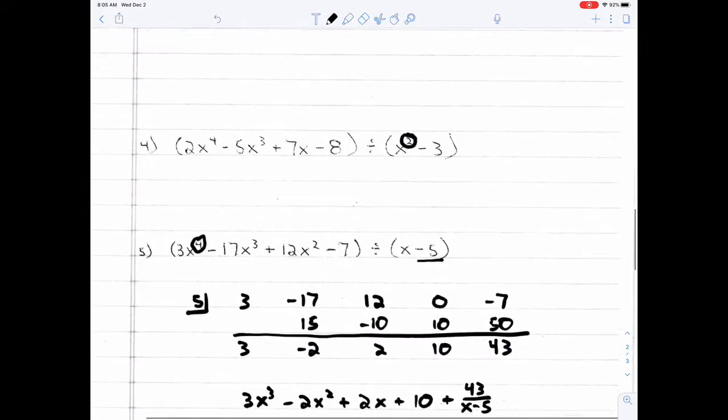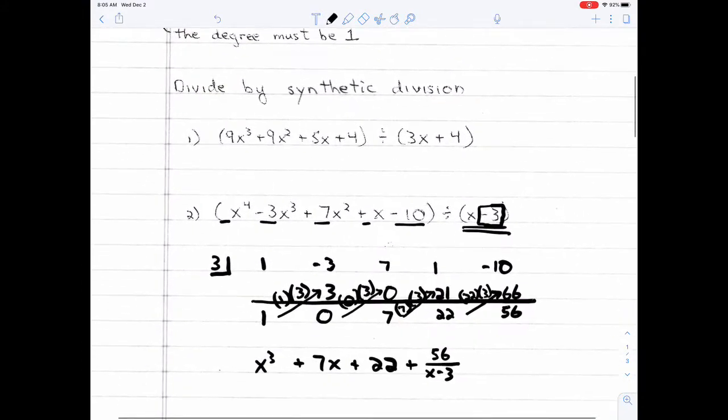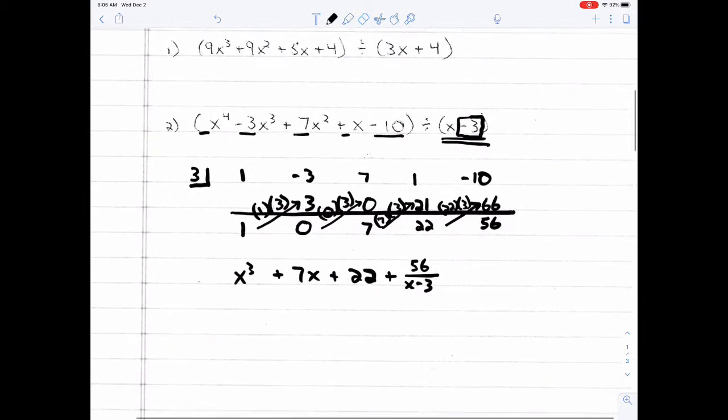Now, there's just one last thing I want to mention. Last video I talked, or it might have been in the first one, I can't remember, on division. No, it was the last one. I mentioned that the only time the divisor is a factor of the dividend is if the remainder is 0. So let's take a look at number 2.